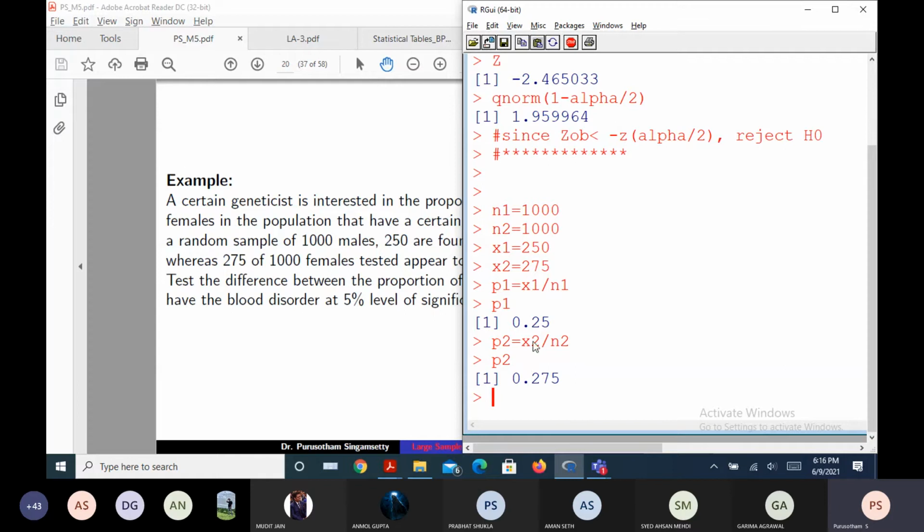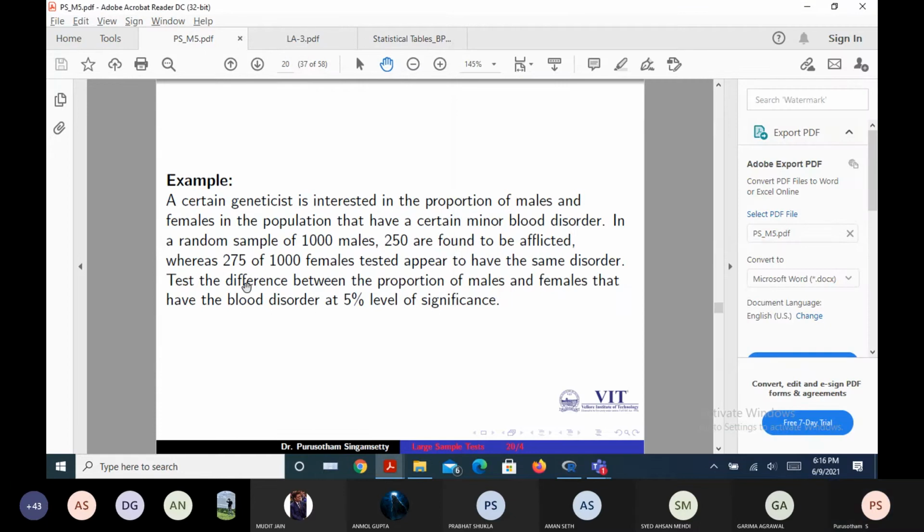So this is related to the sample proportions P1 and P2. Do we have the population proportions here? Is there any other information with regard to the population proportions?